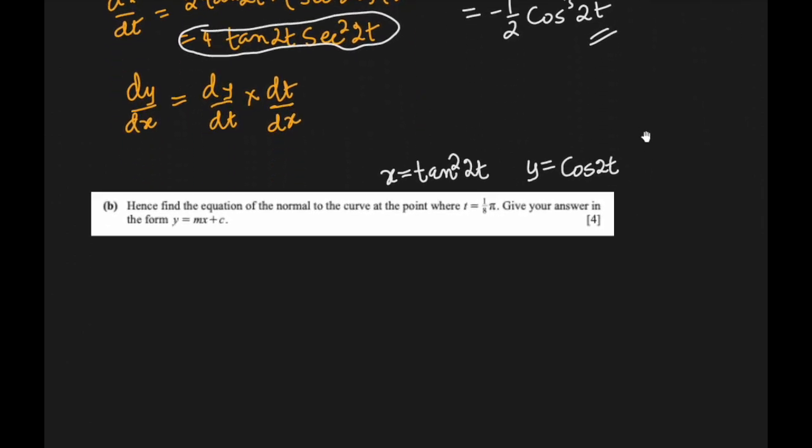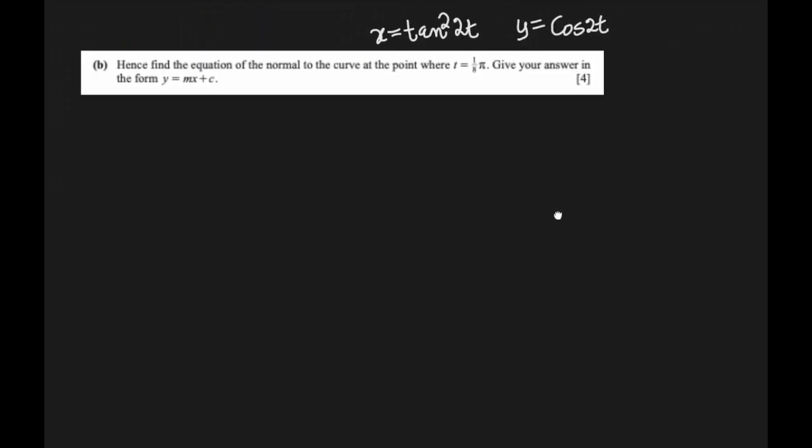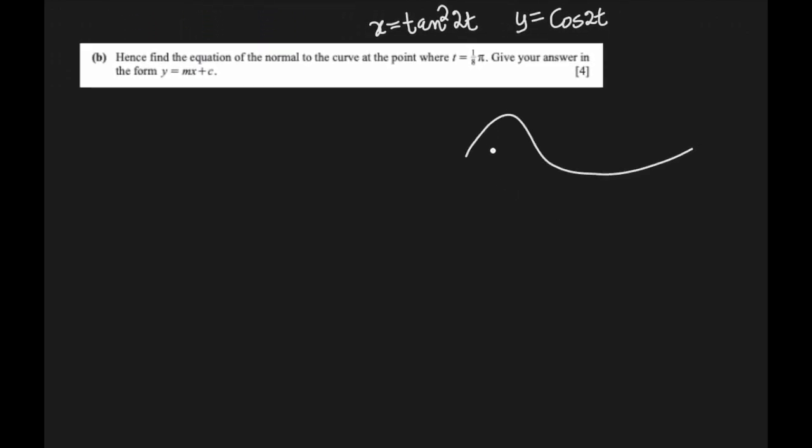Now I want the equation of a normal. Suppose this is the curve. I don't know where the curve is, and t equal to 1 over 8 of pi is this one.